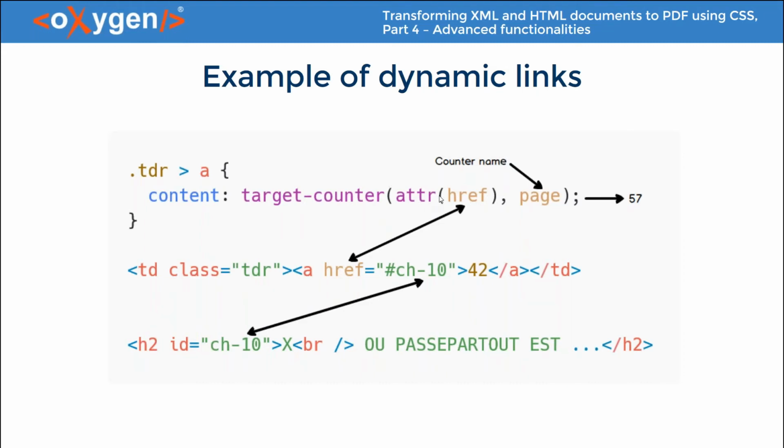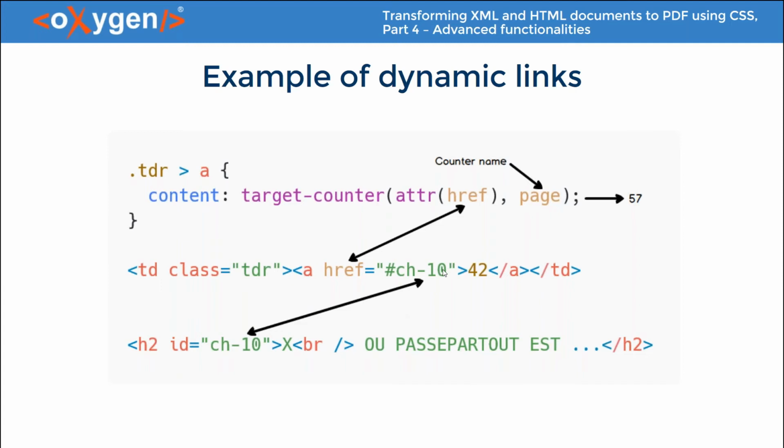And automatically the processor will go back into the HTML document, search for the given href, so the original reference of my chapter, see that there is an anchor going inside my document and going to the given heading, which has the correct matching ID, as we want an ID using the sharp sign, and taking the page number which matches the location of this header and setting it back as the output of this process.